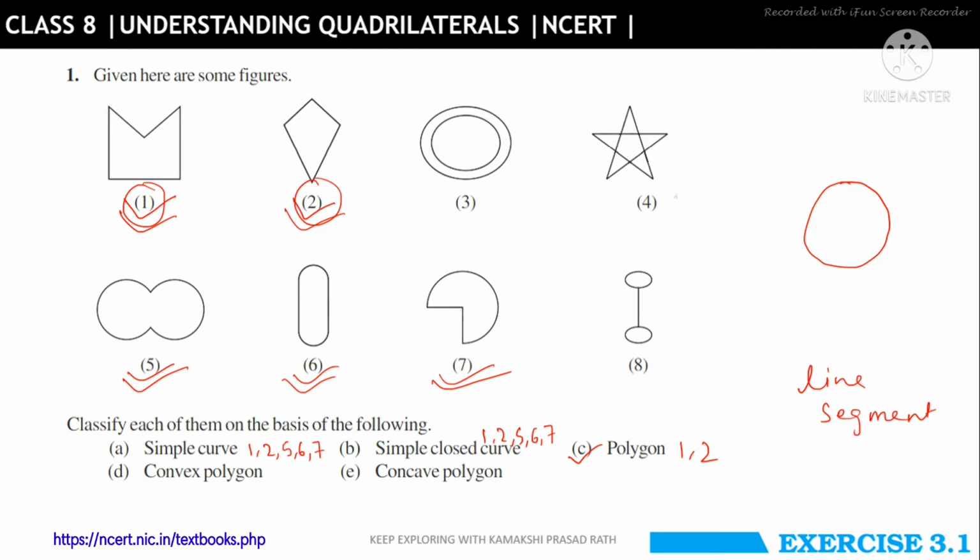Now the question comes, figure 4 is also using only line segments, but it is not a simple curve, as the lines cross each other. And figures 5, 6 and 7 don't use only line segments. They are using curved lines. You can see here the lines are not straight. Hence the polygons are figure 1 and 2.